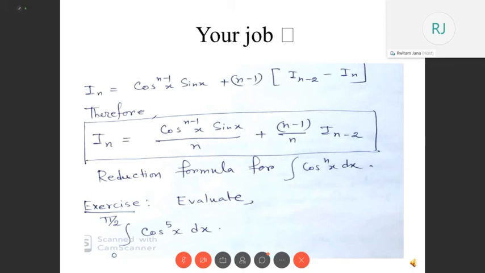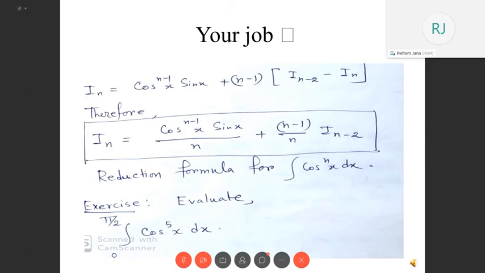If you already found the solution of this problem, then please raise your hand and tell me the answer of 0 to pi by 2 cos to the power 5x dx.